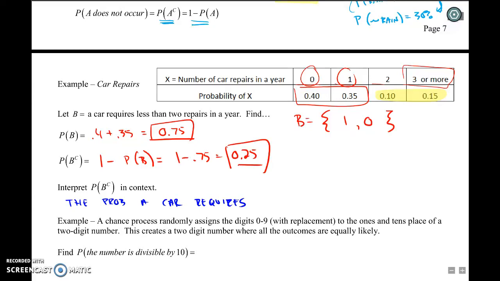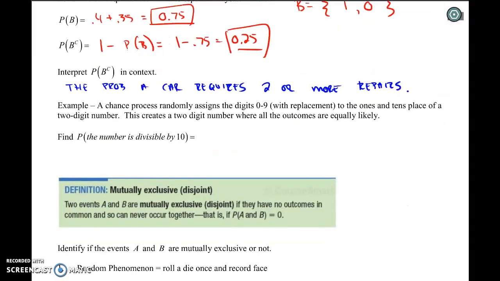Well, that would be a car requiring 2 or more repairs. You could word this differently, but you could say more than 1 repair. Whatever. Easy.